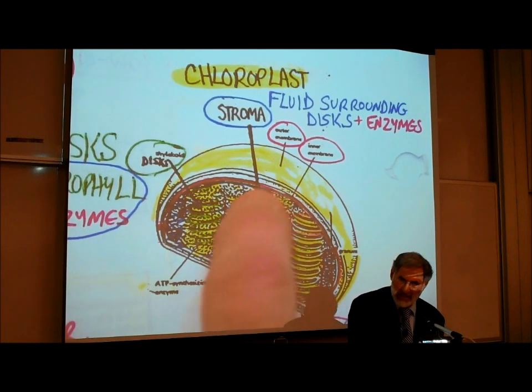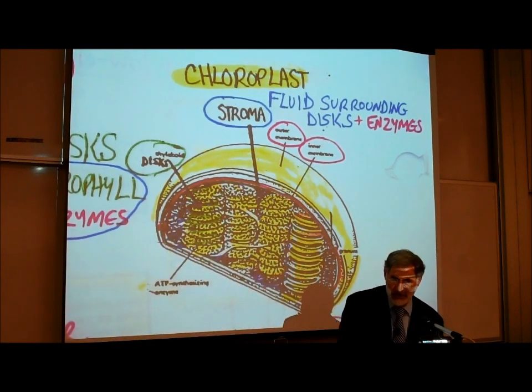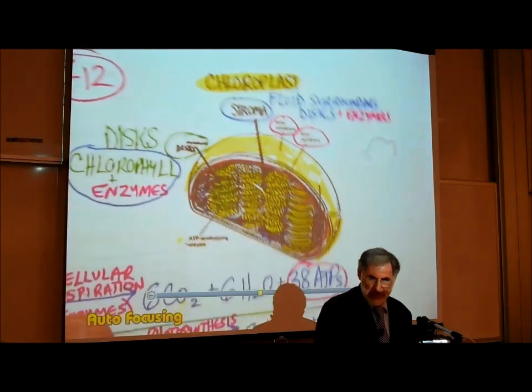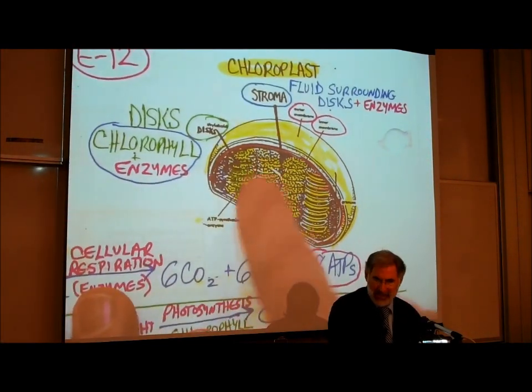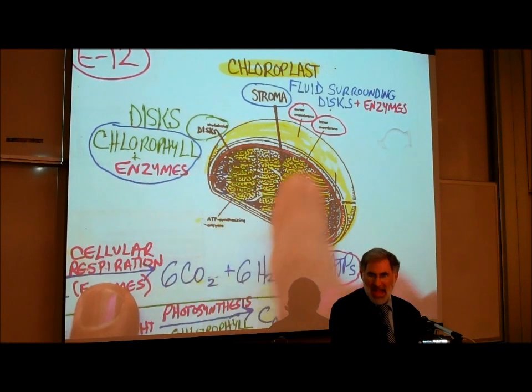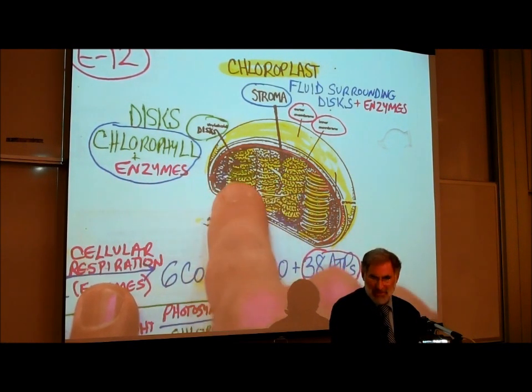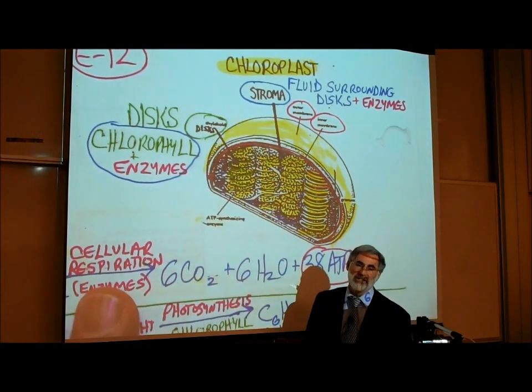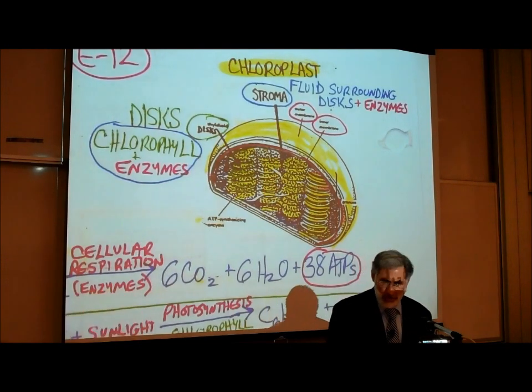So there's a lot of enzymes in this fluid surrounding the discs that's called stroma. So far we've said that there are these discs containing the green-colored chemical called chlorophyll, and enzymes, and there's a bunch of enzymes in the fluids surrounding the discs, and that fluid is called stroma.